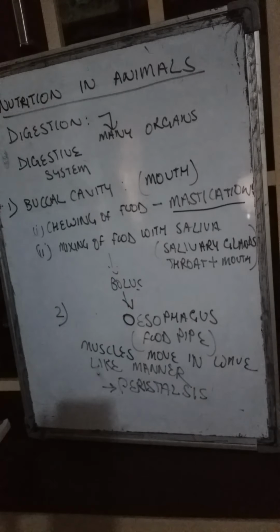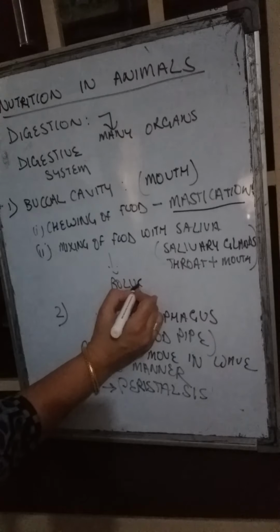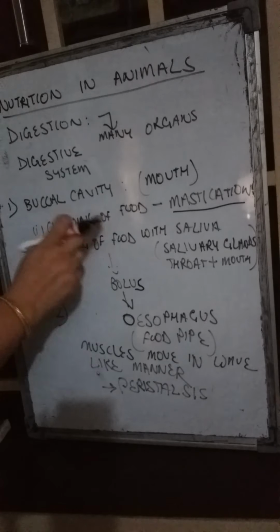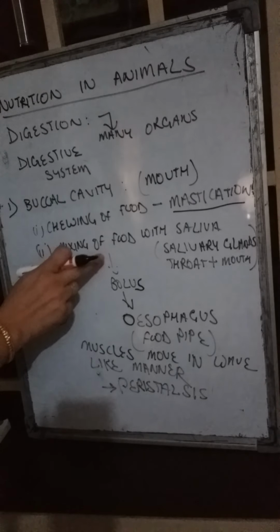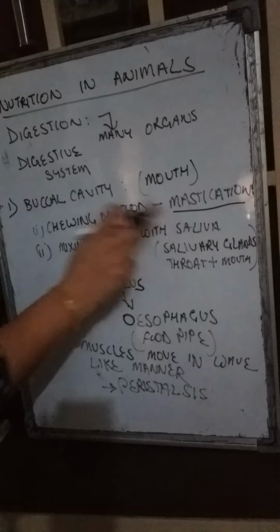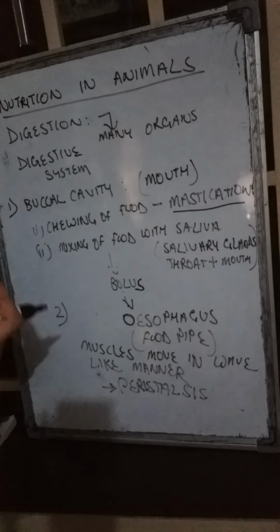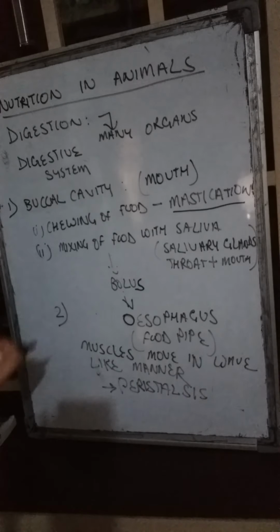What is bolus? Bolus is the simpler kind of food which has been made by chewing the food and then mixing that food with saliva. This bolus is now very soft and very easy to swallow.